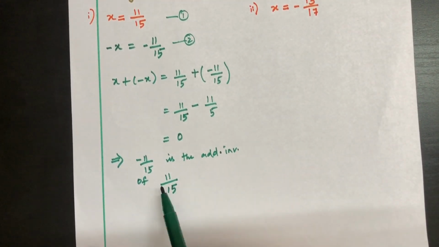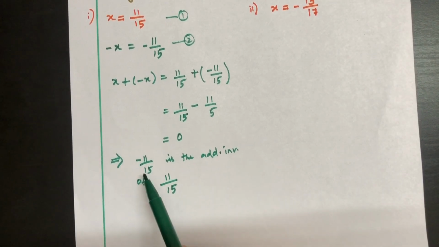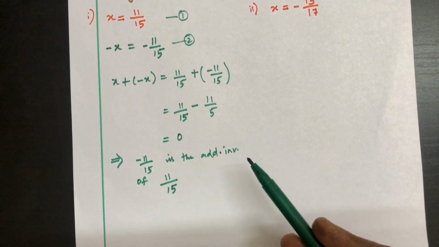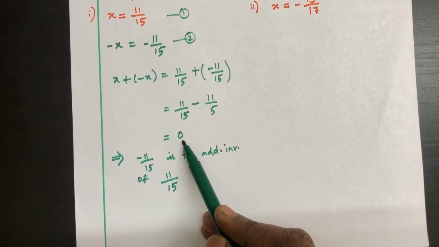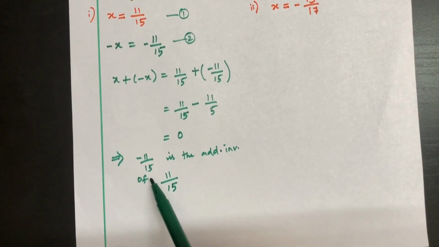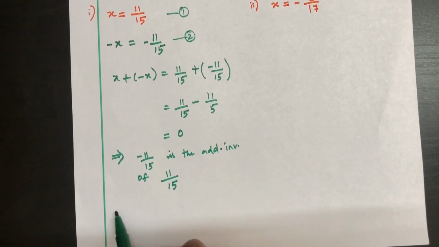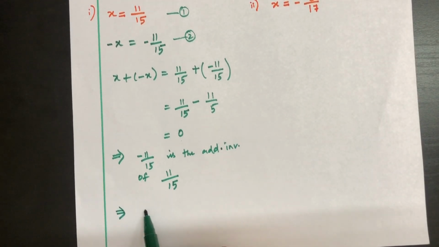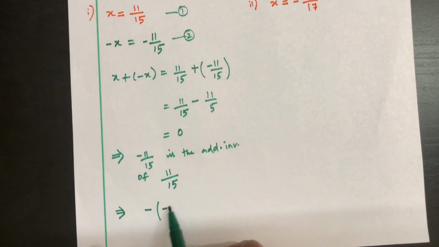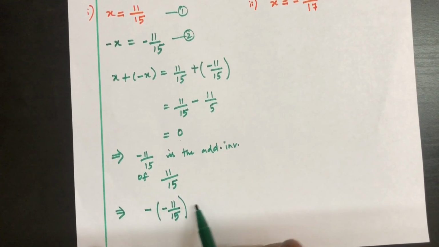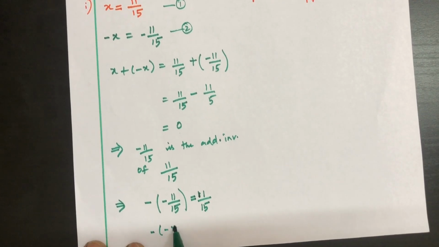So what is the concept of additive inverse? If we add a number with its additive inverse, we will get 0. So that's why minus 11 by 15 is the additive inverse of plus 11 by 15. So negative of minus 11 by 15 is negative into negative, which is equal to positive 11 by 15. That means minus of minus x equals x.